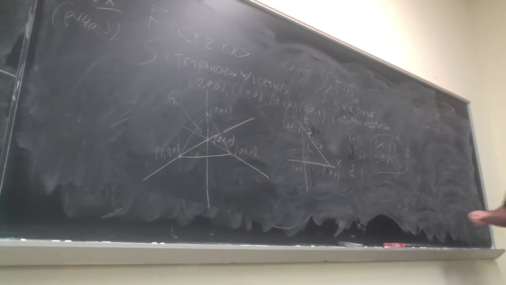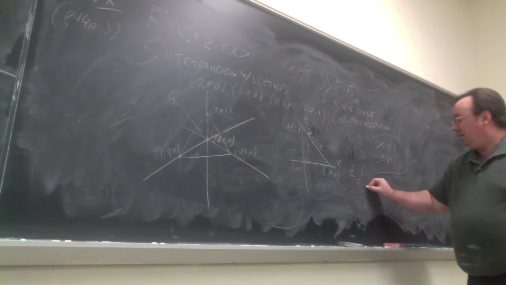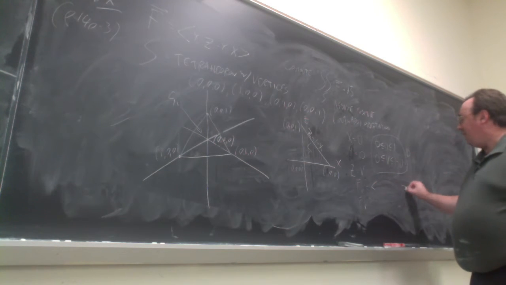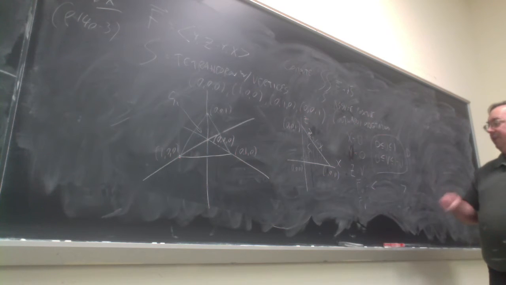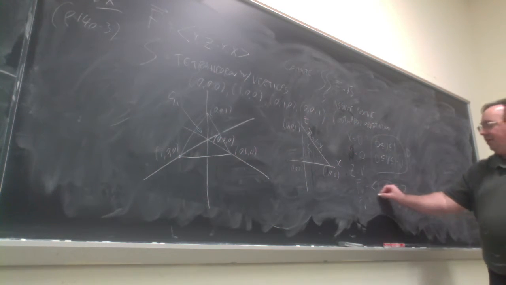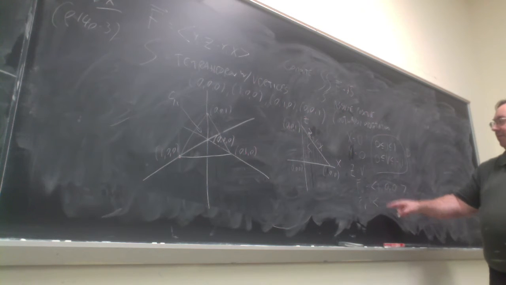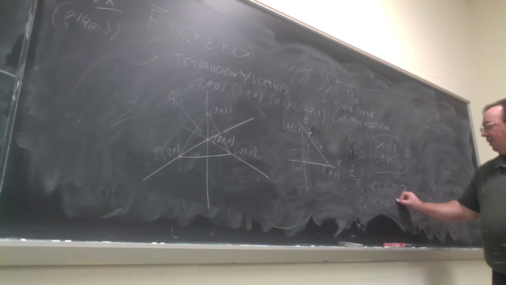So now what you can do is compute your normal vector, r_u cross r_v. So we differentiate these with respect to u and v. We get 1, 0, 0 in this case, and with respect to v it's going to be 0, 0, 1.